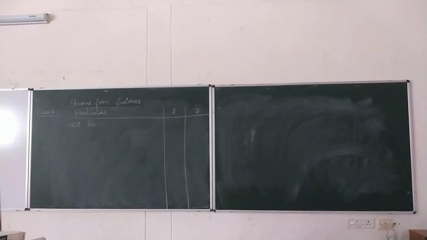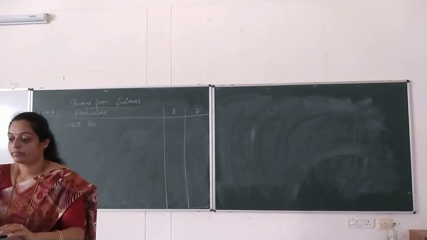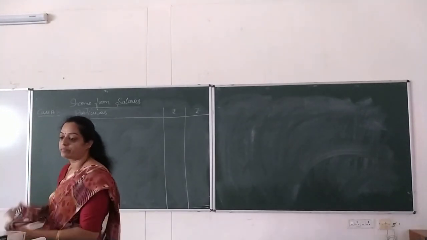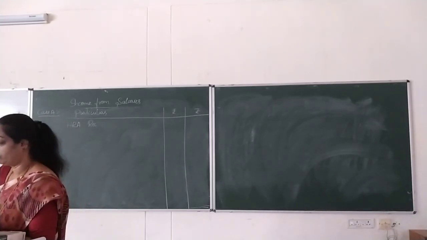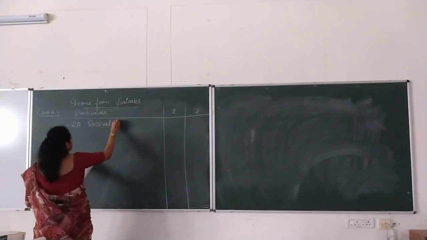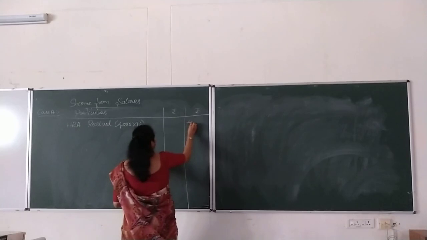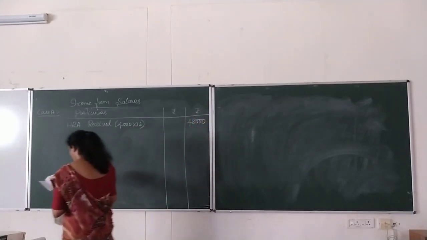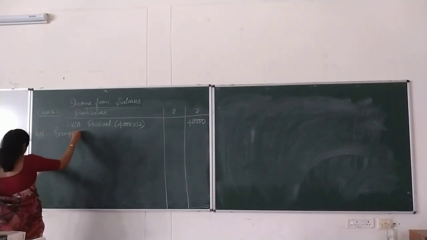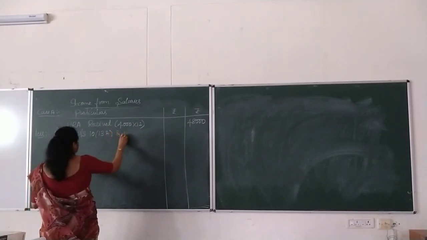First we need to write HRA received, that is 4,000 into 12, which is 48,000. Then exempt under section 10 subsection 13A and rule 2A.